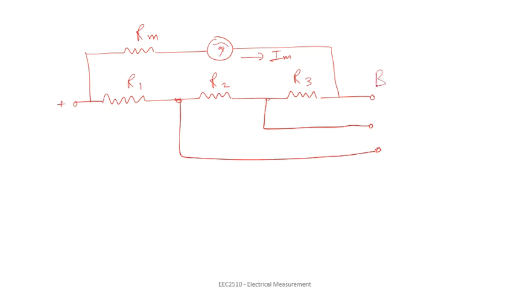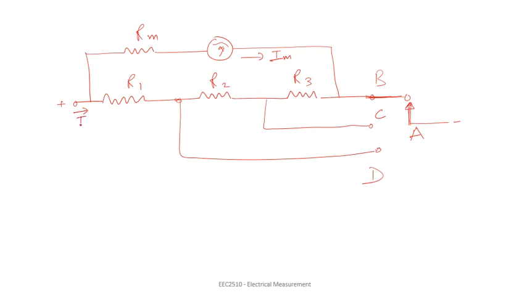This is point B, this is point C, this is point D. Let us extend this point till here. So this is point B. Now this is a switch, and it is represented as this point A.